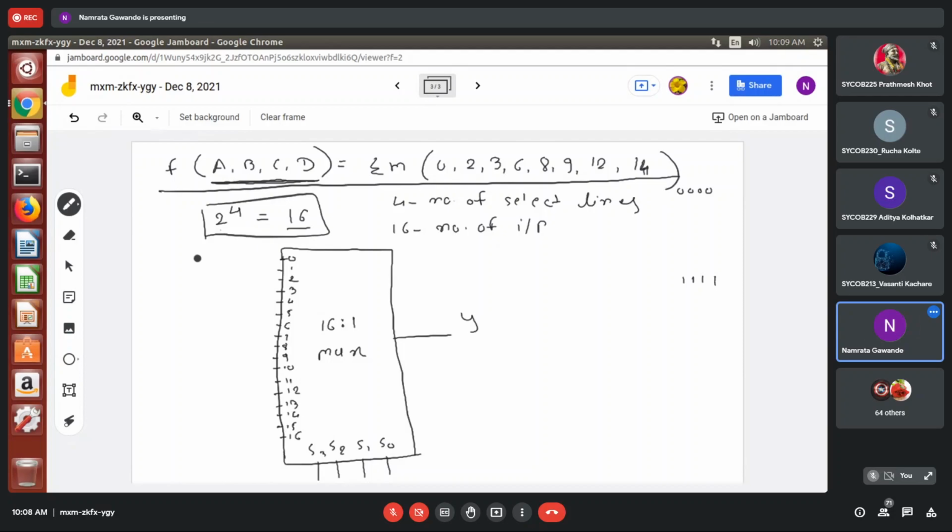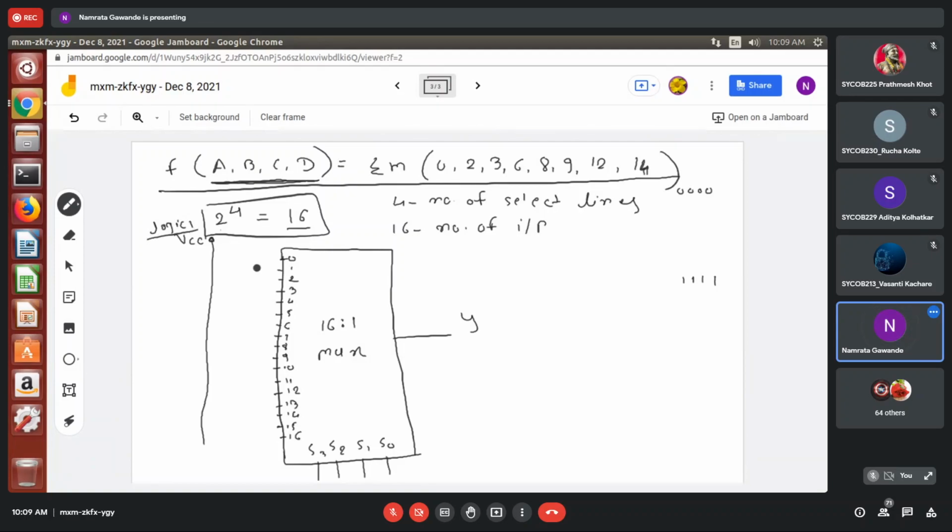So the terms given in the expression should be connected to logic 1, meaning logic high. For that, I can connect them to VCC. This is the VCC, or I can say logic 1.